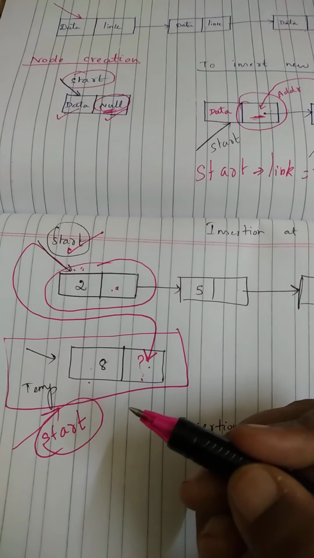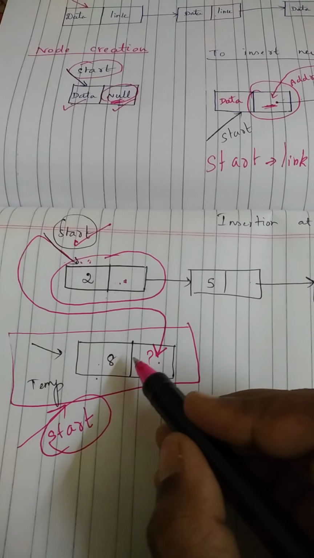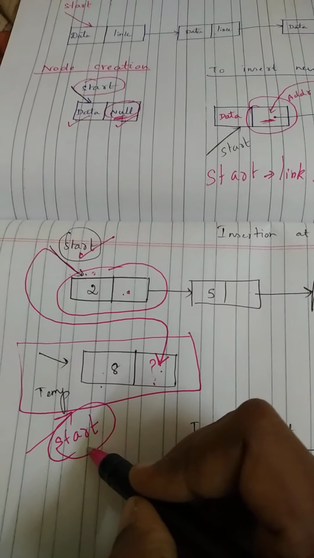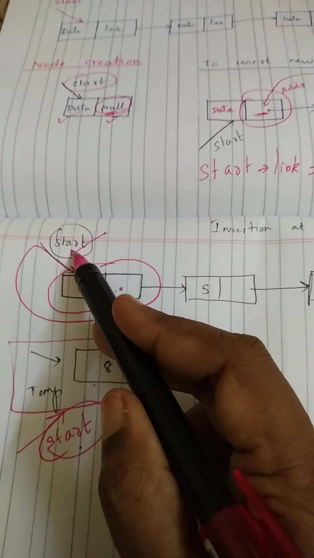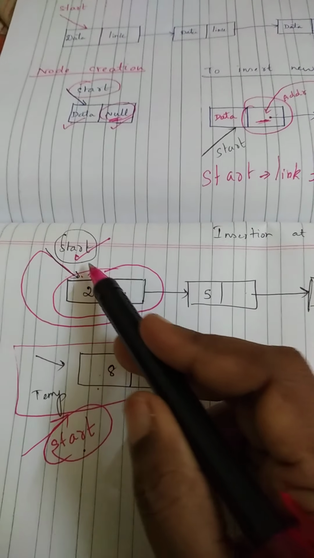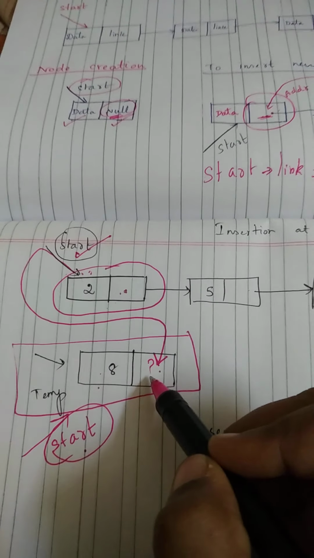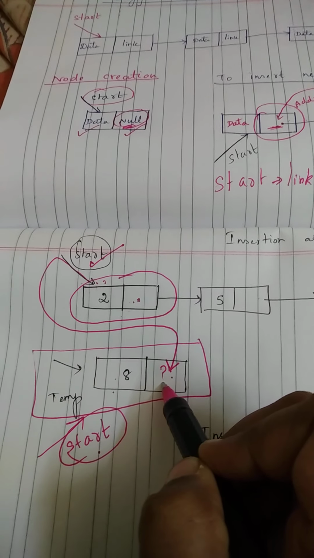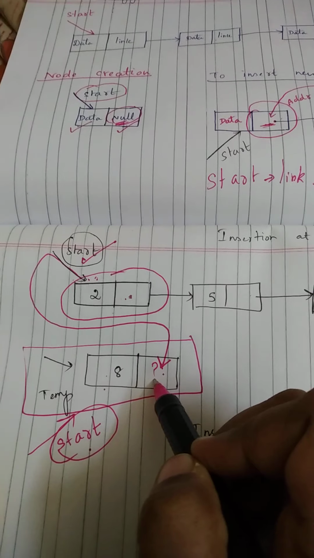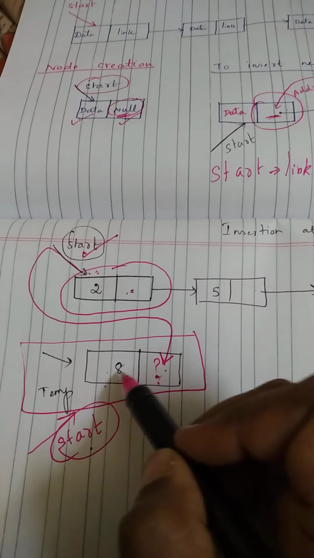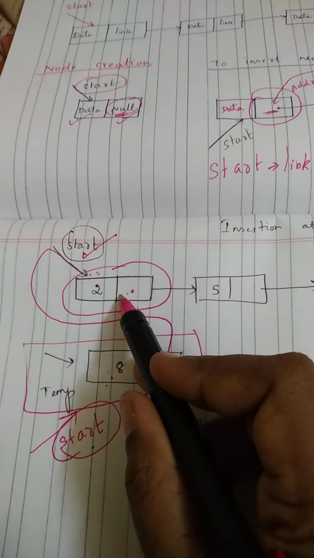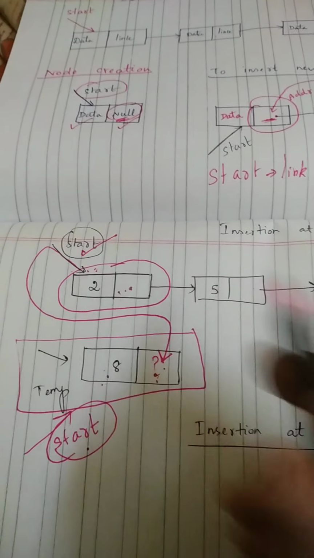Understood the difference? This node now acts as the starting node, and the address present in the start pointer should be assigned to this value. Now I have established the link, so automatically this will be the first node and 2 will act as the second node.